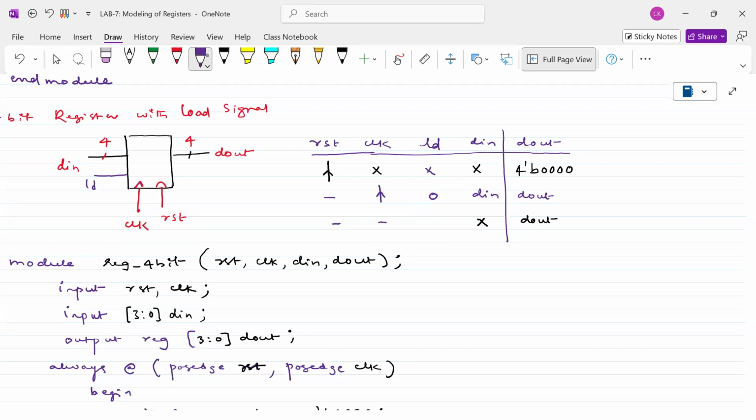Now, what kind of load signal is it? Asynchronous load signal or synchronous load signal? It should be a synchronous load signal, because the clock edge must be there, then only the load has an impact. If the clock signal is not there, the load signal does not have any impact, right?